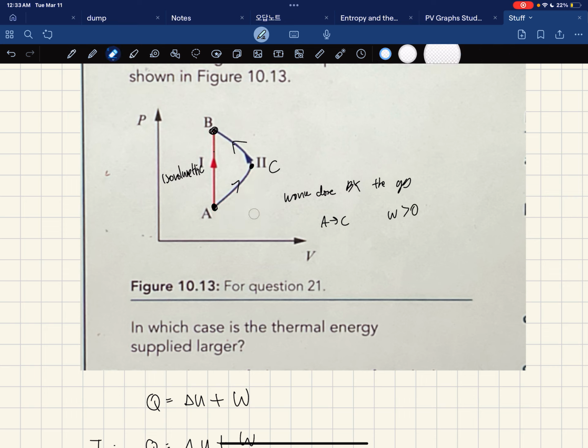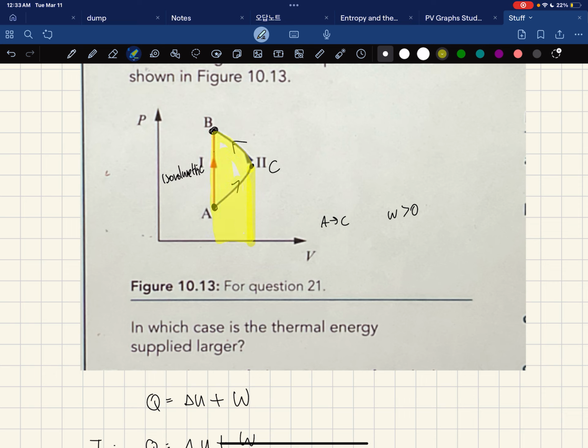Now, let's look at from C to B. For C to B, we can tell that the area under the graph is this much bigger chunk.